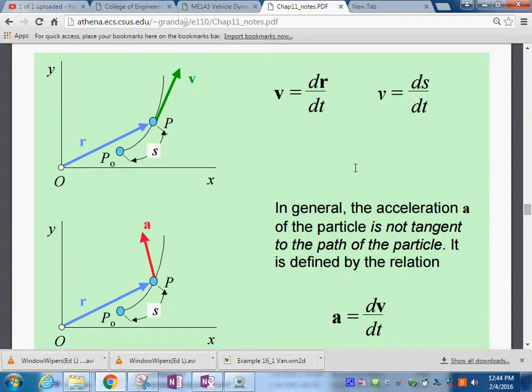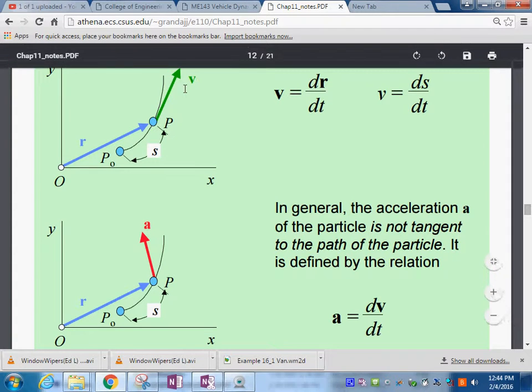All right. So the velocity is dr dt, and the acceleration, of course, dv dt. This is going to give you more of a graphical representation of how things change. Like in this case, the velocity is the change of the position with respect to time, right?